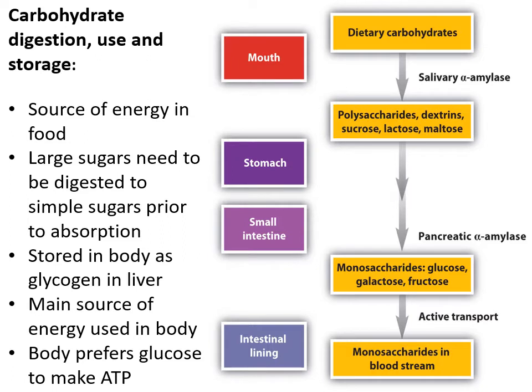So when we eat carbohydrates, whether it's in the form of complex carbohydrates or simple sugars, which really don't need a lot of breaking down, except in the small intestine into even smaller molecules such as monosaccharides. But let's just say we have some starch or carbohydrate like bread or pasta.